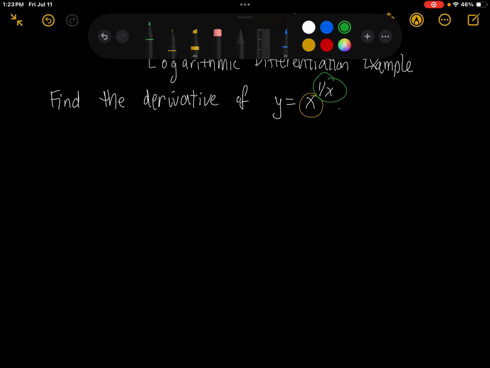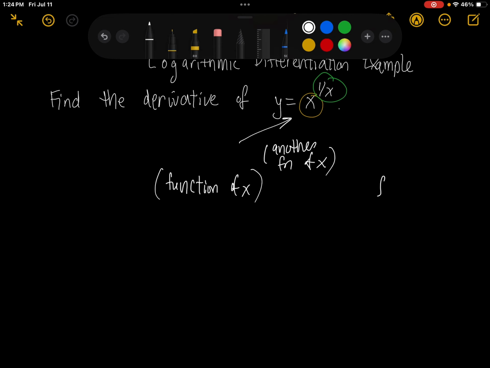So this is a function of x raised to some other function of x. In other words, you have something like, maybe I'll use f for the function that we're differentiating, so maybe g of x raised to h of x.